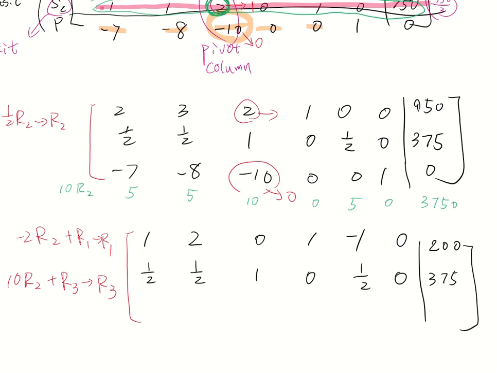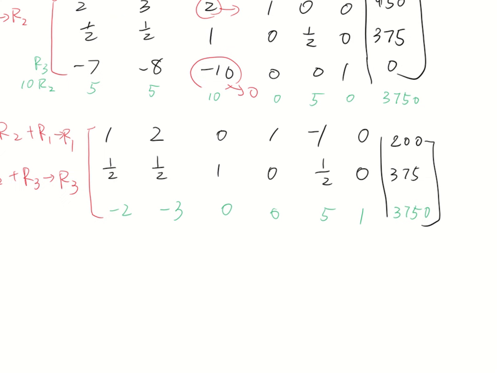So I'm going to add this to R3. That will give me -2, -3, 0, 0, 5, 1, and 3,750. So now we turned x3 into a basic variable. This is P and this is still s1.